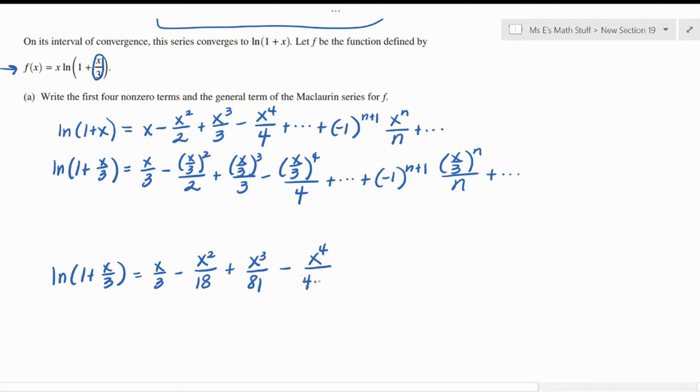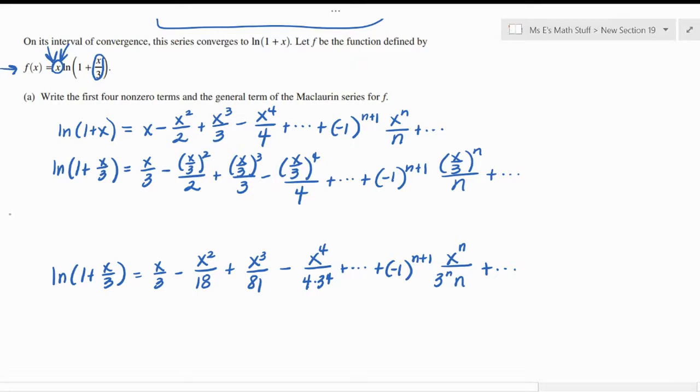So you could do something like this. And then that would be x to the n over 3 to the n times n. There you go. Anyway, and then the last thing I would do is multiply everything by x.